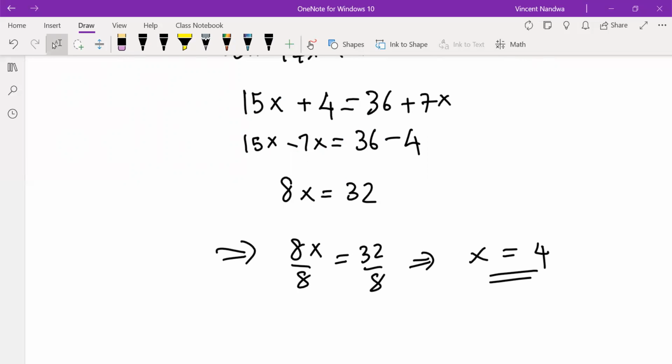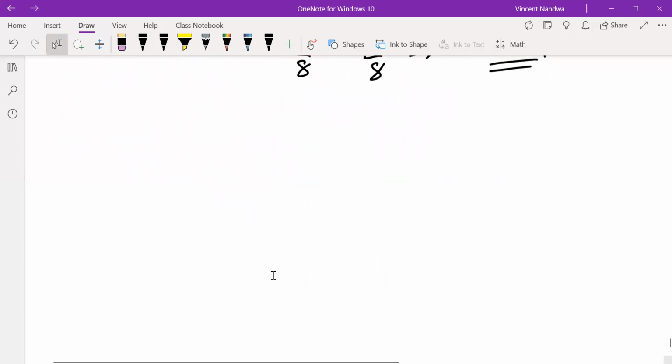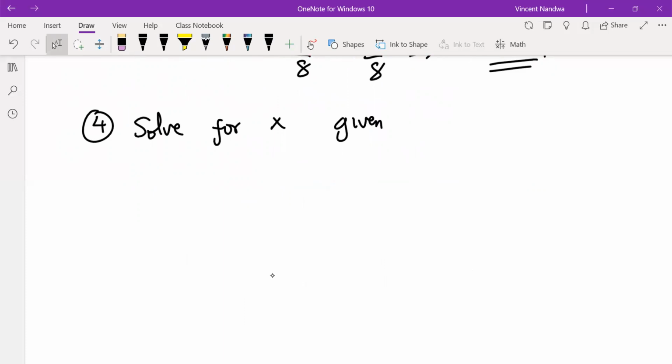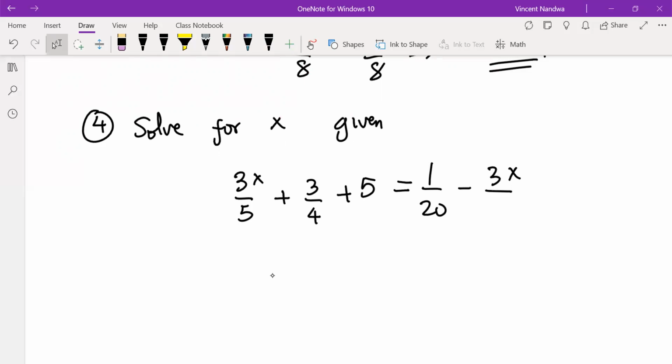Next question. We have to solve for x. Given 3x over 5 plus 3/4 plus 5 equals 1/20 minus 3x over 2.